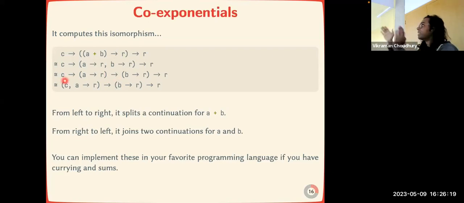And then you join the continuation for A with C, and the rest of it goes into the continuation monad. So if you go from left to right, it splits the continuation for A plus B and puts it in two different places. You go from right to left, joins those continuations, gives you an A plus B.